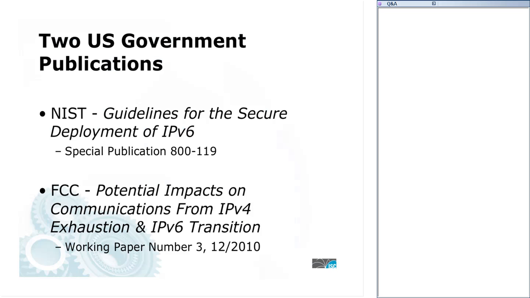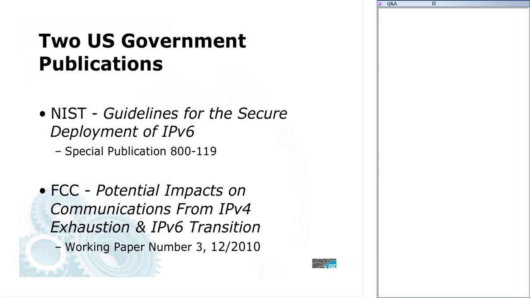So what I'm going to do is talk just very briefly about two pieces of documentation that have been presented to us by the U.S. government. NIST has come out with a document, the Guidelines for the Secure Deployment of IPv6. Can also be found as a special publication 800-119.